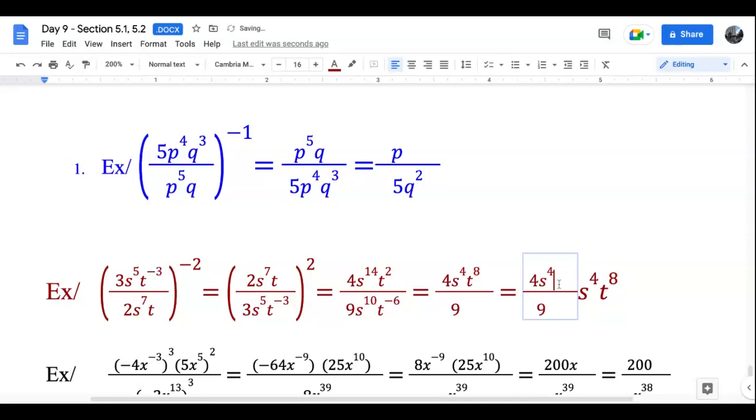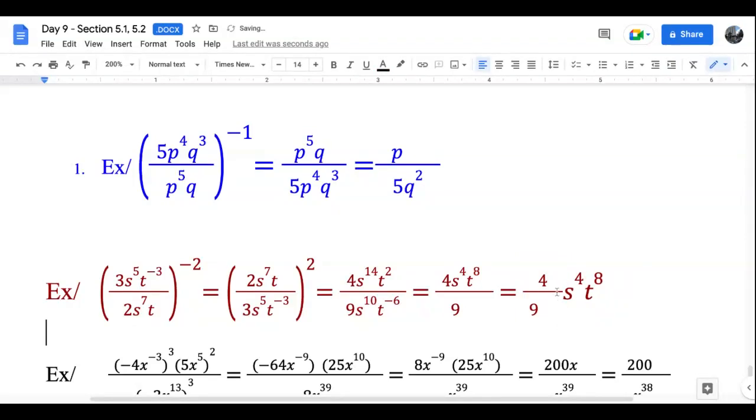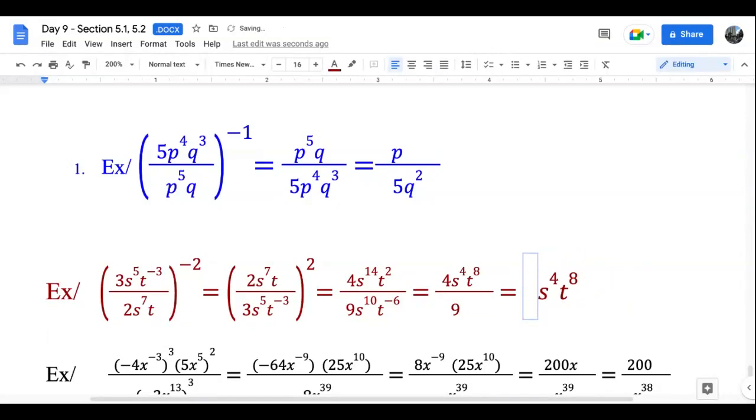You can write it this way. You can write 4 over 9. I only need a 4 over 9.